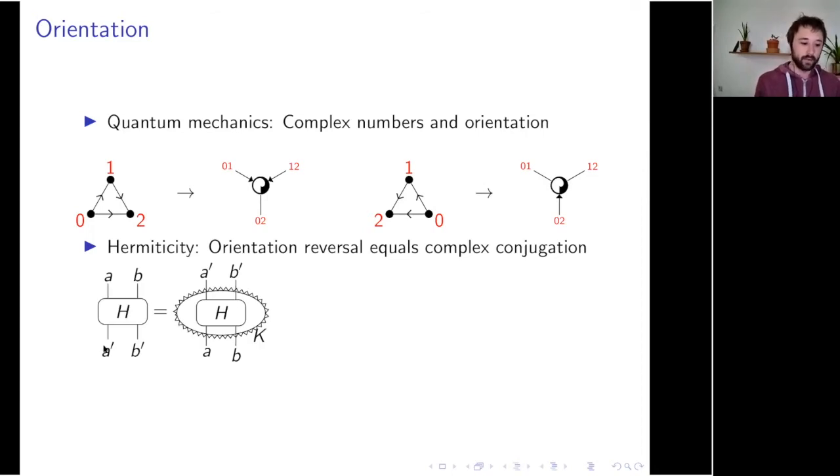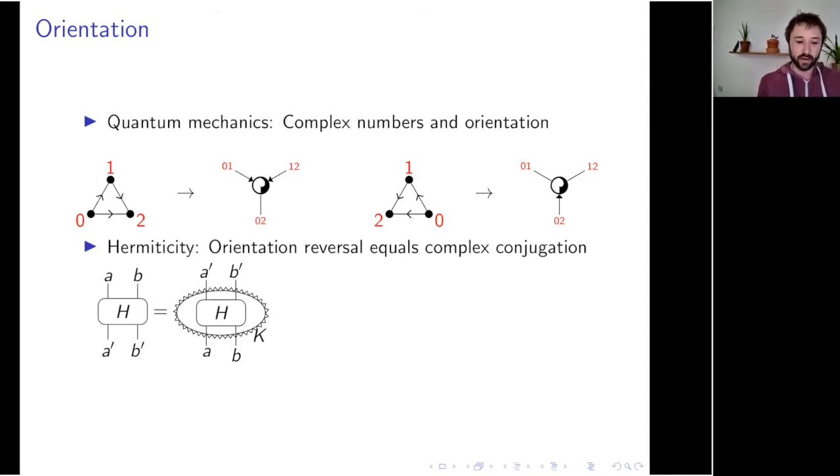So if I view the Hamiltonian as an operator that acts in a time direction, for example for a two-body operator, this means that if I invert the time direction, then this is the same as doing a complex conjugation, which I denote in this tensor network notation by encircling everything that is conjugated by this zigzag line. Now, in fact, the same property also carries over to the tensors of the imaginary time path integral.